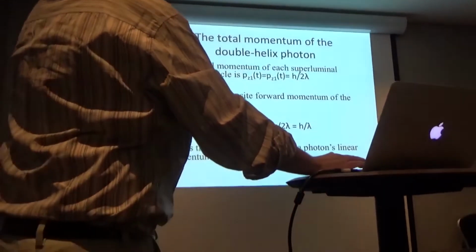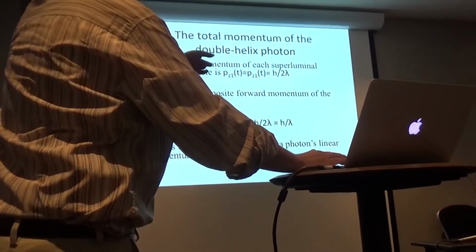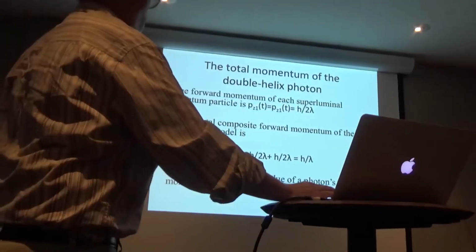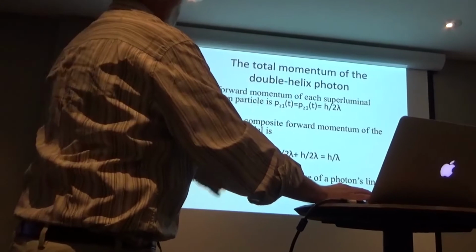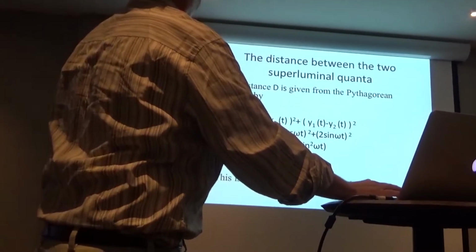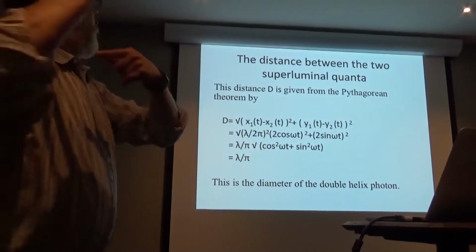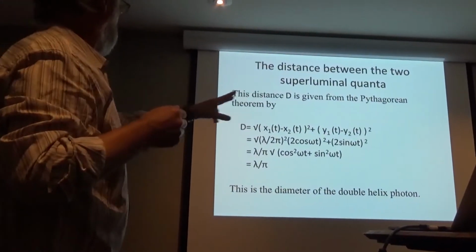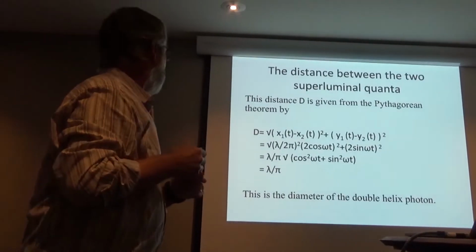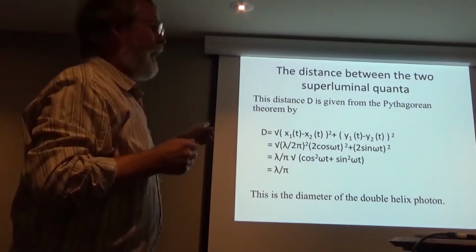The total momentum, you just add the two z components of the momentum of each half photon, and you get h over lambda. The distance between the two particles comes out from the formulas as lambda over pi.